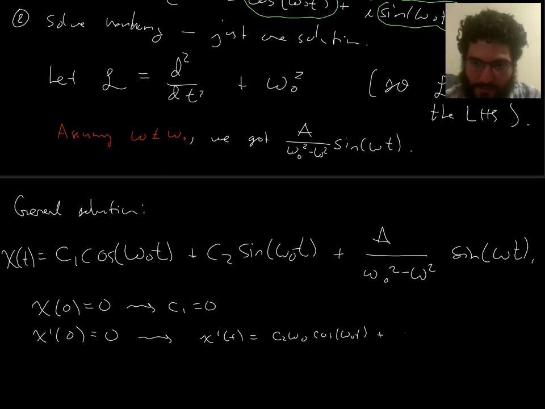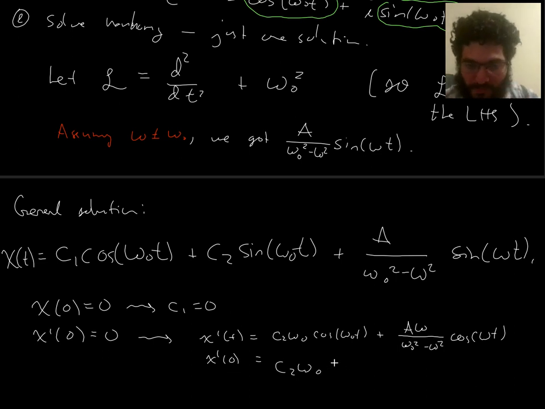And then A omega over omega naught squared minus omega squared, and then this is cosine omega t. And then that means x prime of 0 is just C2 omega naught. And then this one is just the coefficient in front, because cosine of 0 is 1.